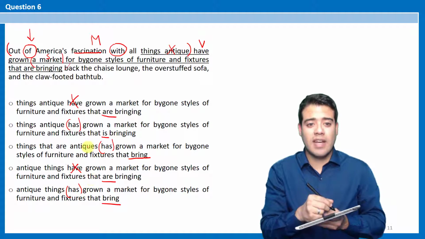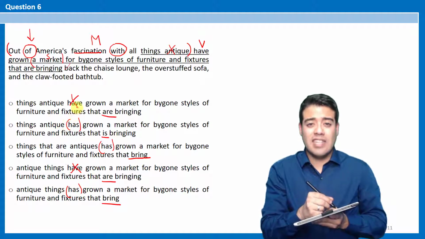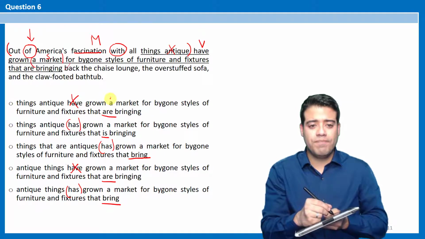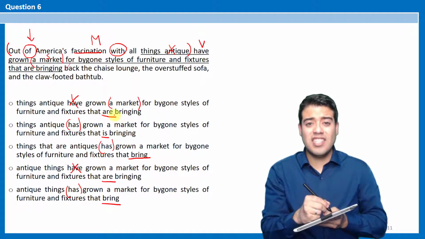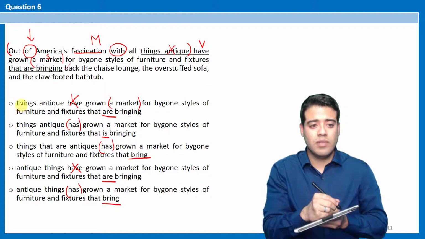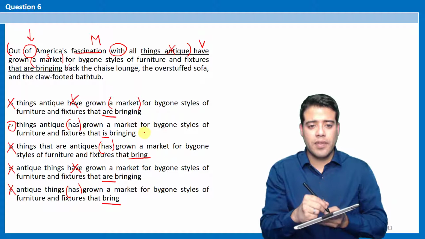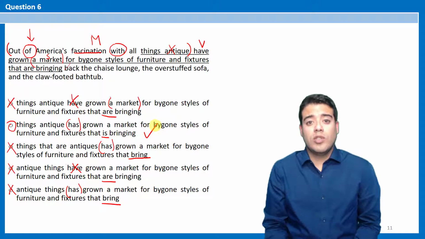Something has to be bringing that. And the only thing that makes sense with that, remember logical agreement, is a market. A market is bringing. I cannot use are. Okay, this was already gone. This one could work. You have is. That bring doesn't work. Are bringing doesn't work. That bring doesn't work. Okay, so B was the only possible choice.